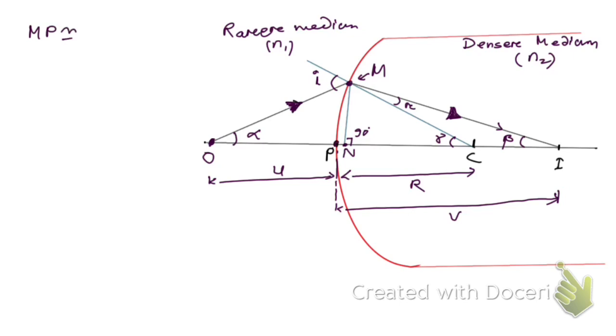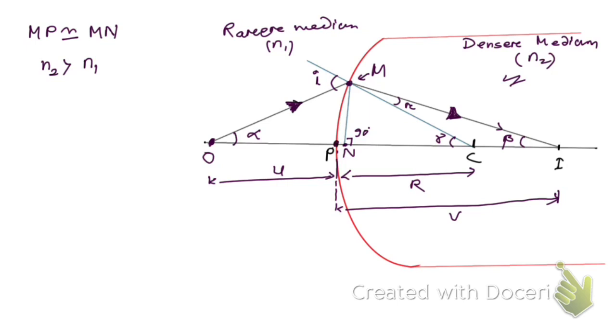MP is approximately equal to MN, right? Hope you have understood this. Since this is the denser medium, the refractive index of the denser medium must be greater than that of the rarer medium, n1. So now you see what I am going to do here.